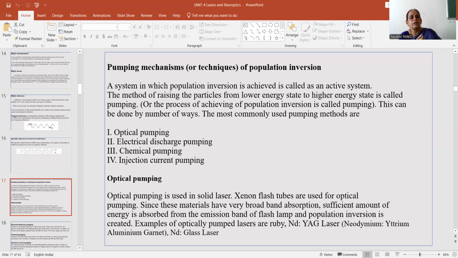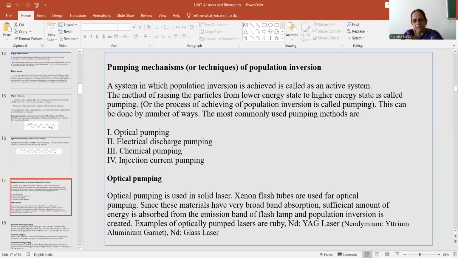That is done by raising the atoms from the ground state to a higher energy state. That process we call pumping. There are different techniques to achieve population inversion by means of pumping mechanisms.